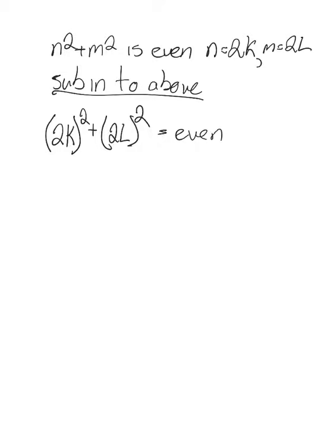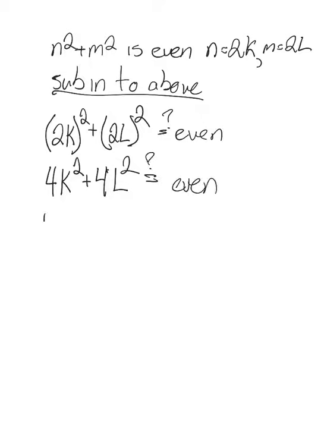So now we're given that (2k) squared plus (2l) squared has to be even. Is it? Let's find out. So we square the 2 to get the 4, square the k to get k squared, plus square the 2 to get the 4, multiplied by l squared. Is it even? We don't know.